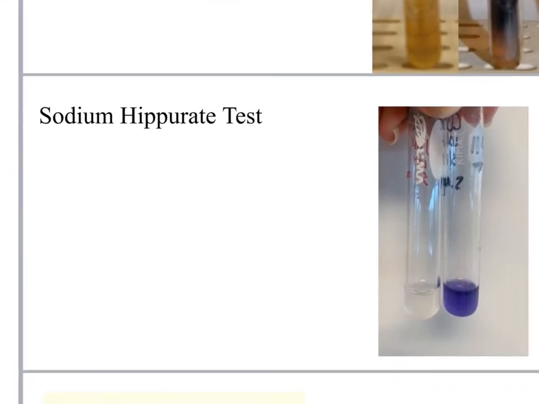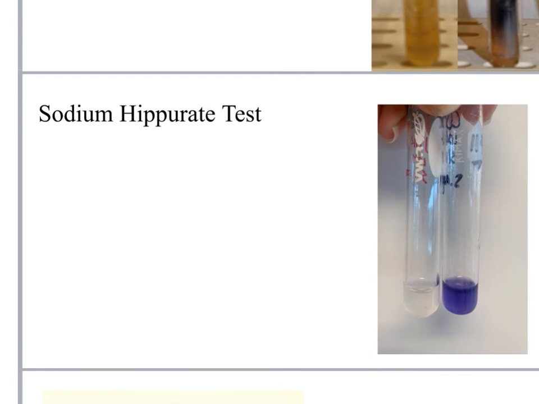The next test, the sodium hippurate test, is, I would say, not quite as reliable. Definitely, this is one that's positive for group B streps. And like I mentioned in the last video, that's Strep agalactiae. That's our group B strep. Let me just take a minute here because I think it's helpful to remember what's going on to draw out this structure. I don't have it memorized, so I wouldn't want you to worry about that either.